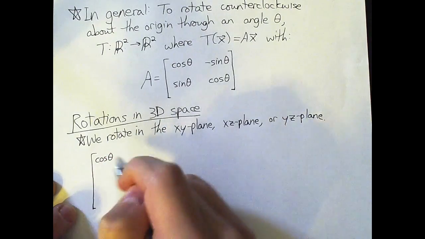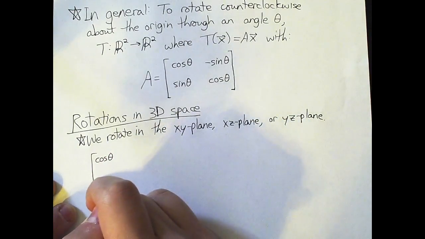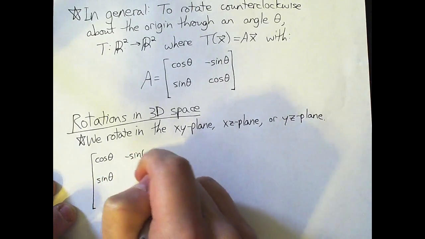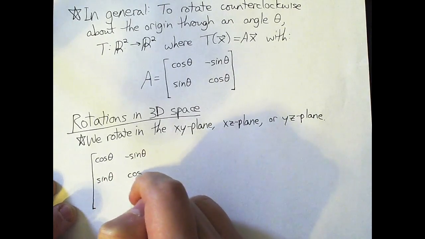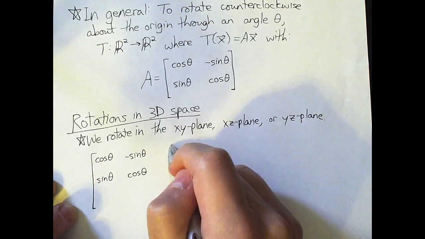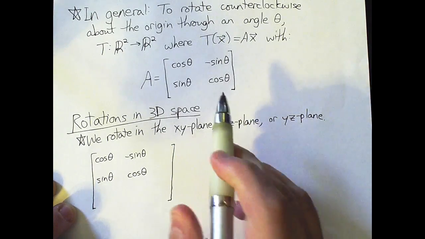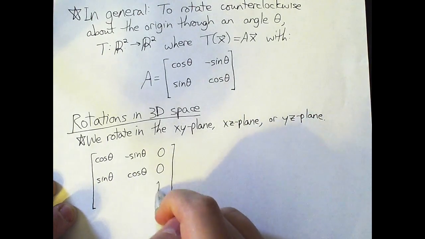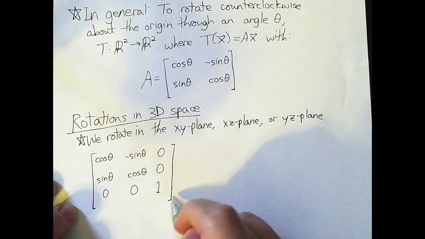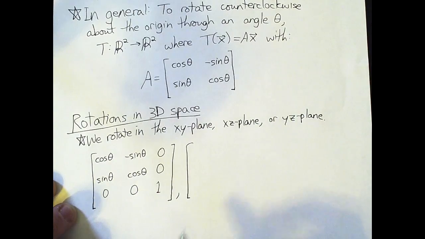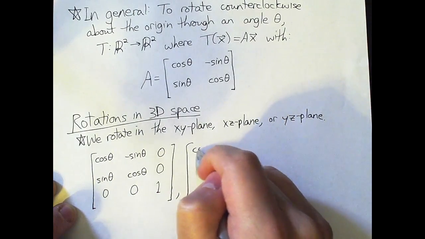So this first one, cosine theta, sine theta. This is a 3x3 matrix, but it actually starts off looking like the 2x2 matrix we had above. The rest of the entries are 0, 0, 1, 0, 0, 1. That's for rotating in the xy plane, a three-dimensional set of points.